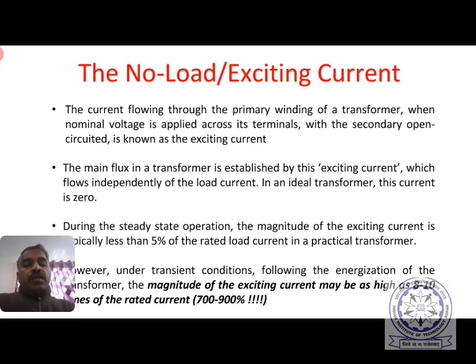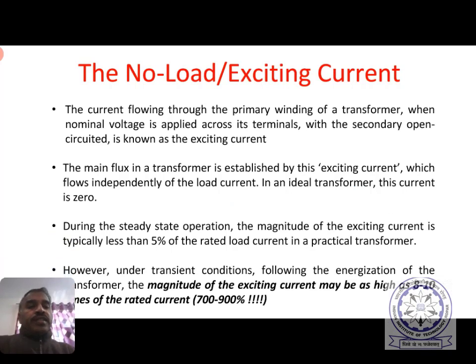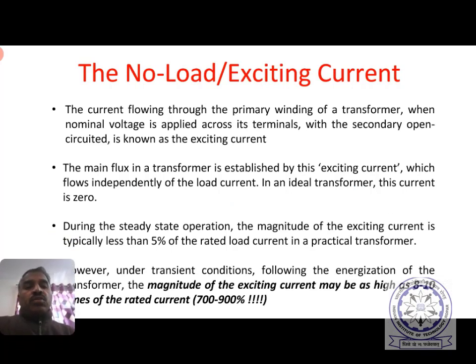And about the no load or exciting current. What does no load current consist of? The current flowing through the primary winding of a transformer when nominal voltage is applied across its terminals with the secondary open circuited is known as the exciting current or no load current.